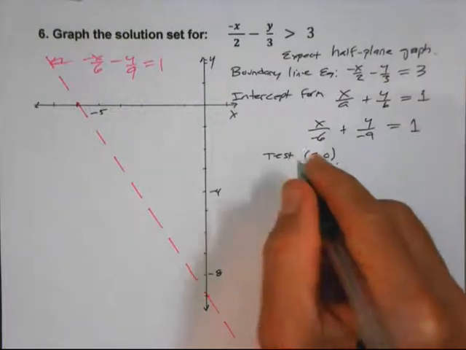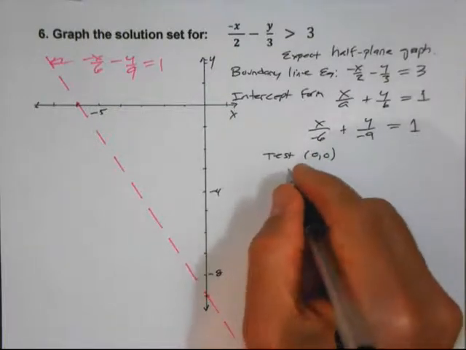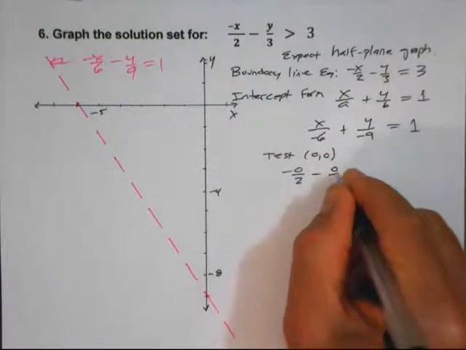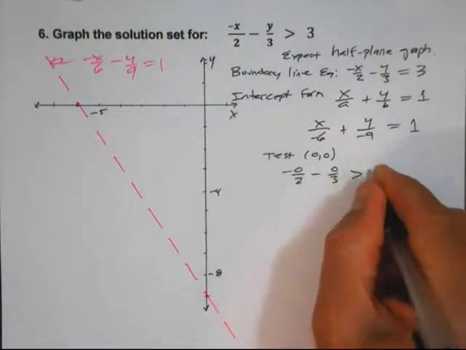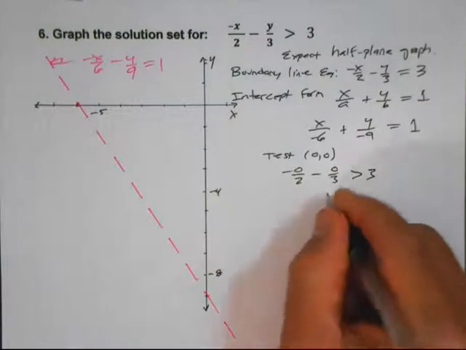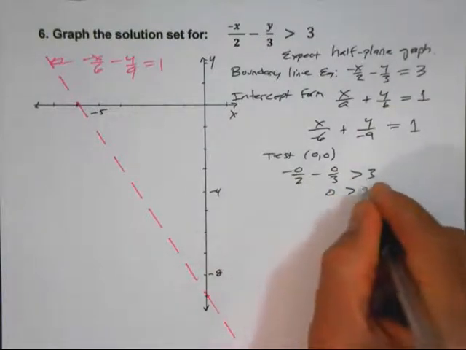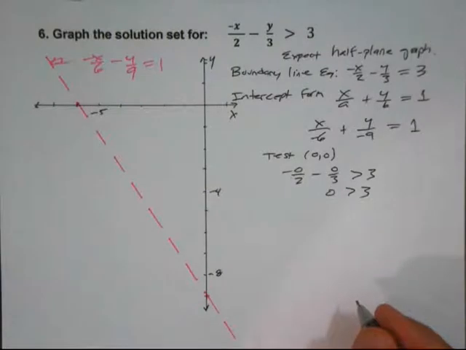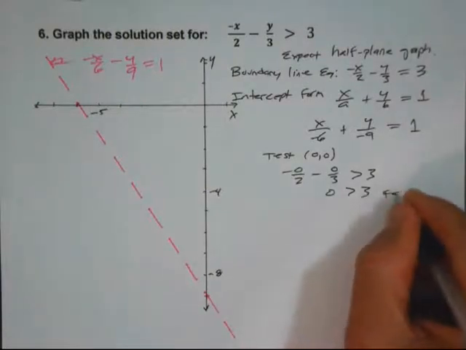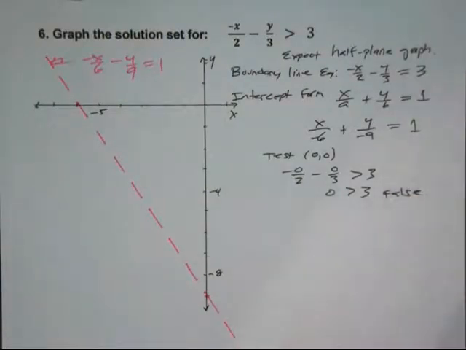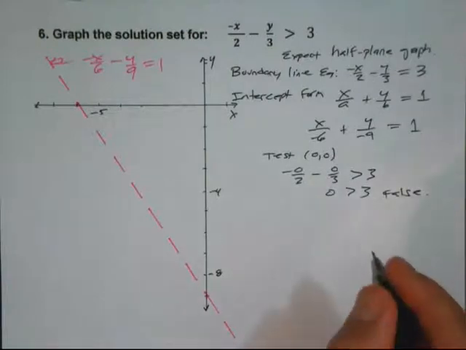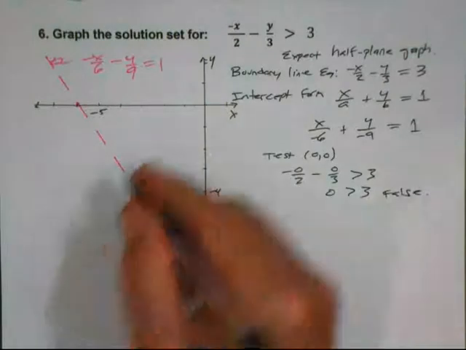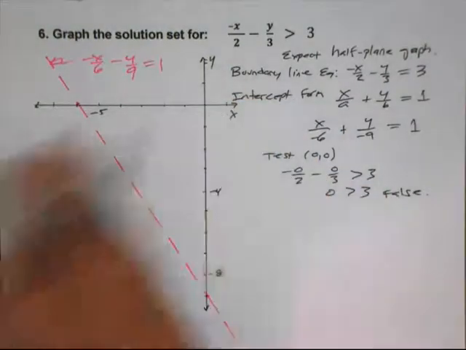And so if we put it into the original inequality, negative 0 over 2 minus 0 over 3 greater than 3, which simplifies to 0 greater than 3, which would be false. This tells us that it's not the 0, 0 side of the line where the half plane is. It's got to be the side opposite.